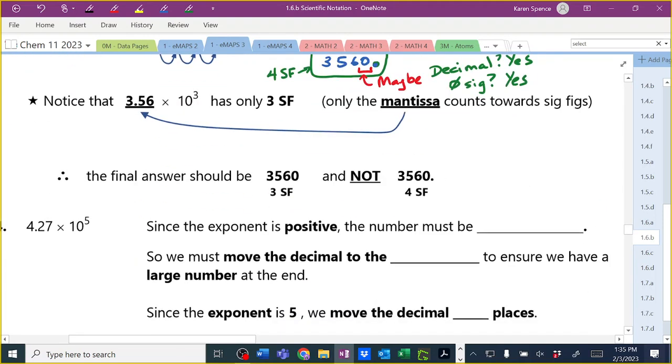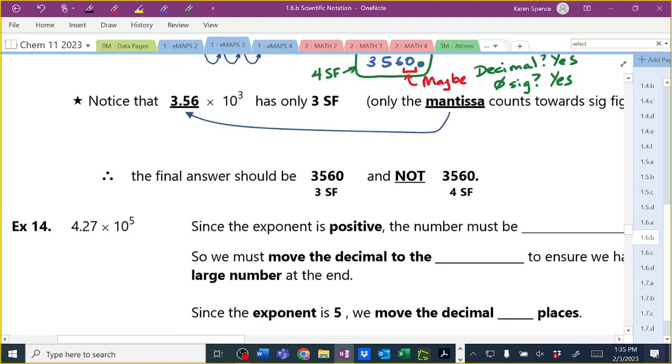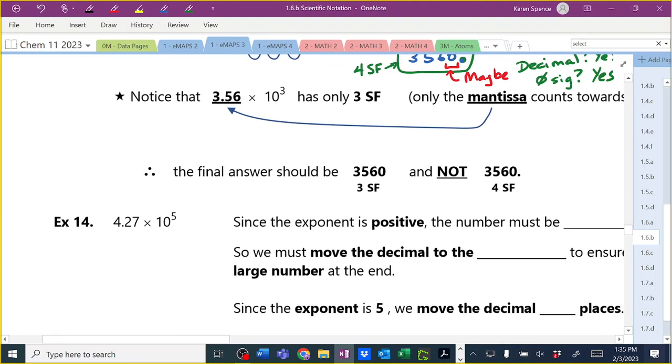So this just talks about what we just talked about. Here's an example where we have a positive exponent. And if the exponent is positive, that means the number is large. In other words, it has to be greater than 1.